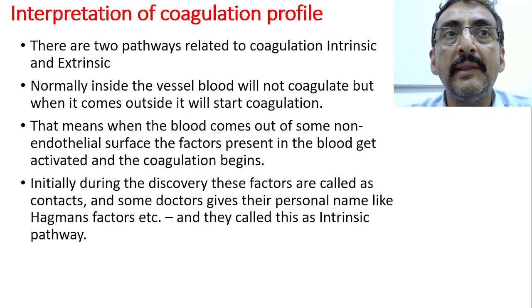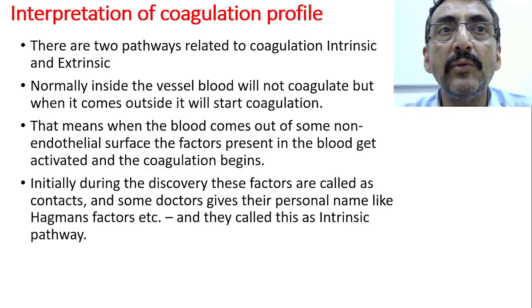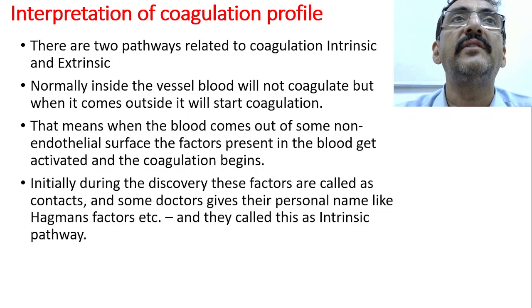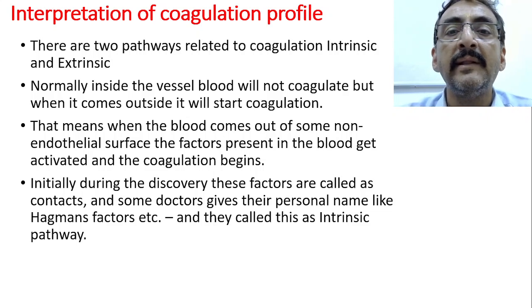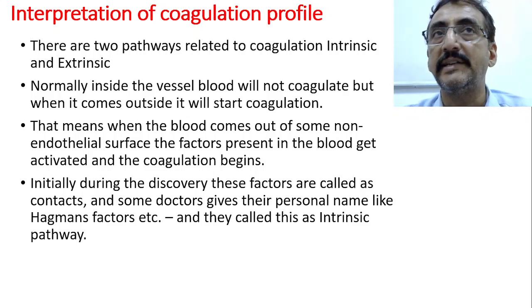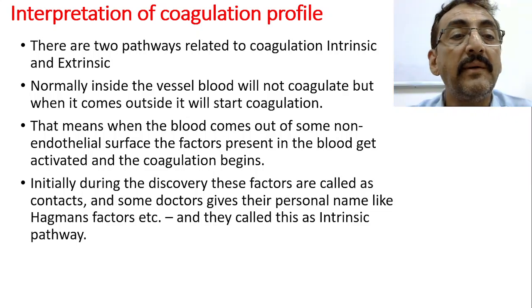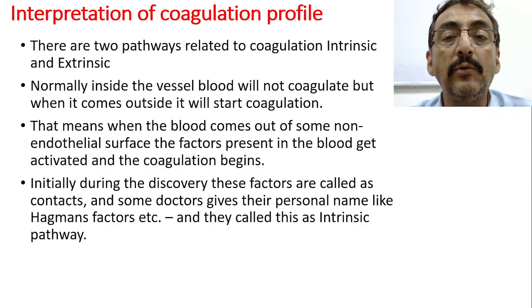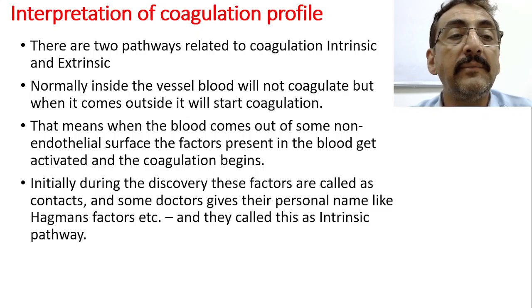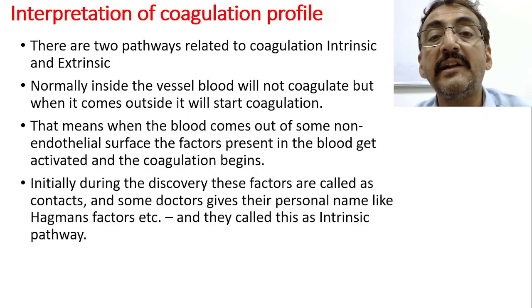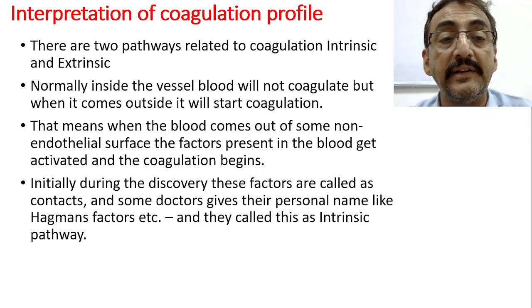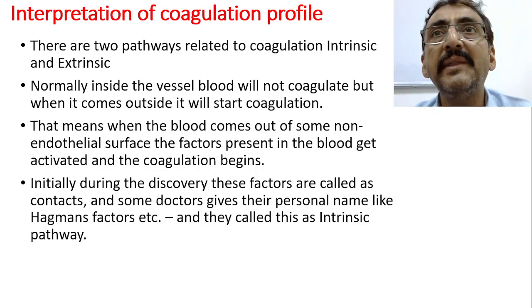But if the blood is removed from the endothelial surface, that means no more endothelial surface is available for the blood, then the process of coagulation starts. So when the blood comes out and contacts some non-endothelial surface, the factors present in the blood get activated and the coagulation begins. Something happens when blood is removed from the endothelial surface.